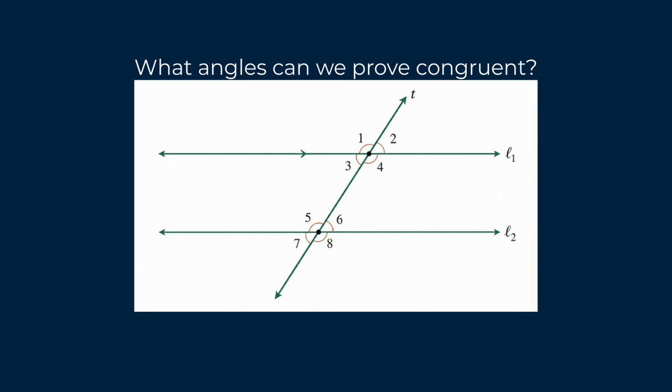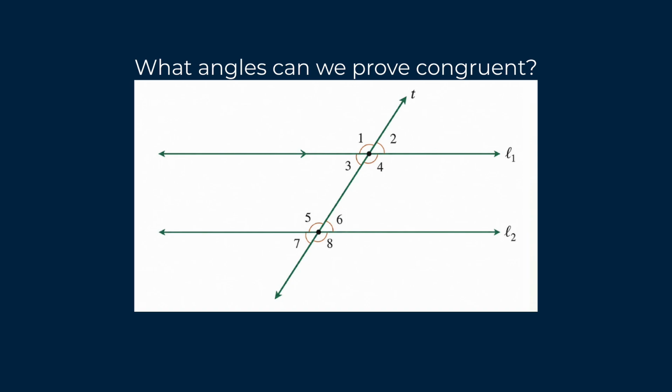But what about if we wanted to compare one angle made from L1 and T? If you see the line names, we have line L1, line L2. Those are the parallel lines. And then we also have line T, the transversal.